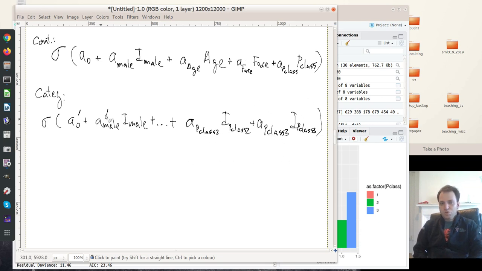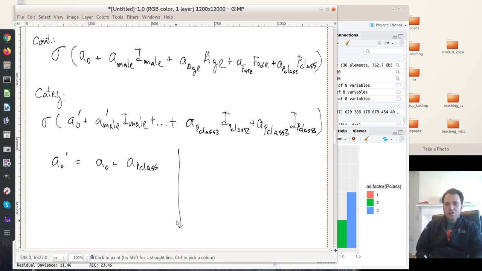So let's say that we want to imitate the predictions that this formula makes using this formula. Well, what we need to do is just say that A0 prime is equal to A0 plus AP class. So this guy. And then everything else should be the same, right? So I'll write it here.